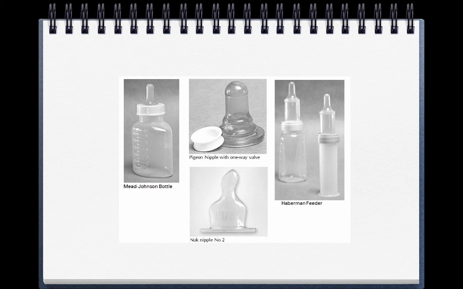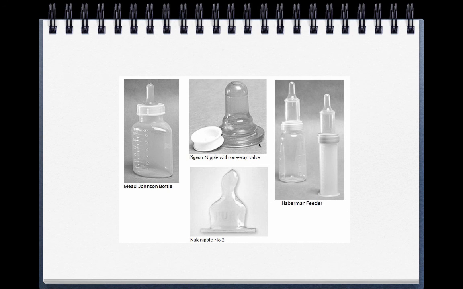So you can see in this picture here, the Mead Johnson bottle that has the ounces clearly delineated. This is a bottle that fits nicely into the hand. It can contain up to 4 to 6 ounces, and typically nursing staff is happy if newborns are taking in about 4 ounces of liquid at a feeding.